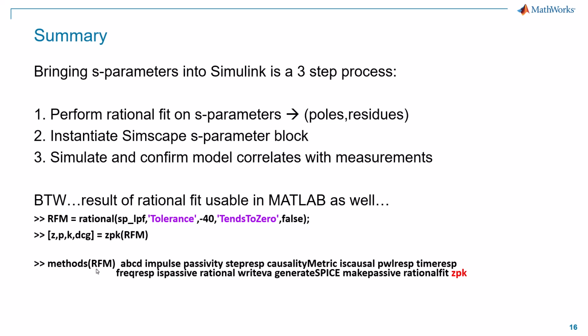And if you apply methods on that rational fit object, you can get all the other things: convert it to ABCD form, get the impulse response, get the step response, test for passivity, check whether it is causal, get the time response, the frequency response, write out a Verilog-A file, generate a SPICE model, and of course get the zero pole gain description as well.